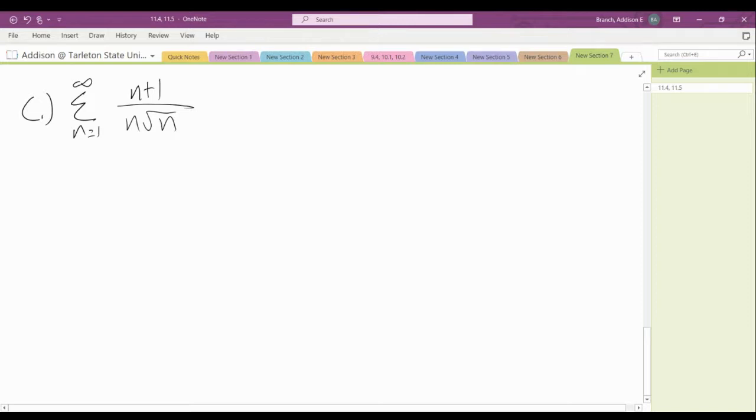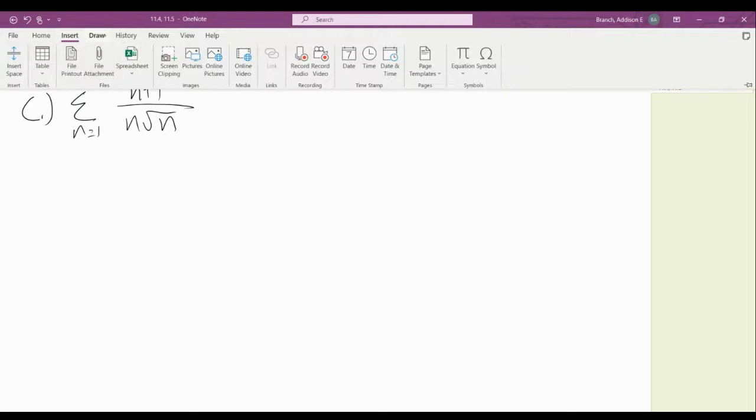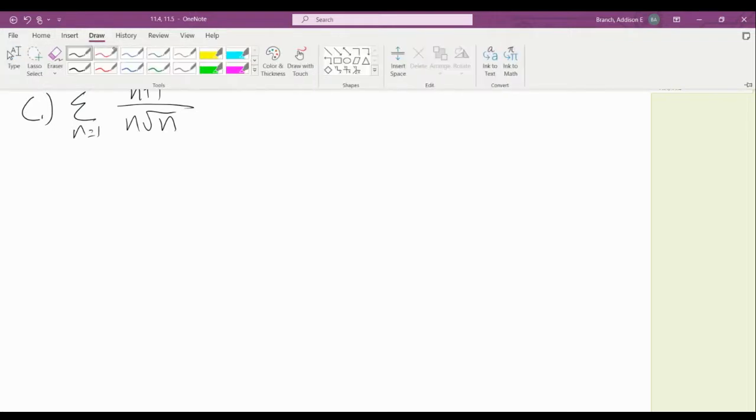Let's see if we can find something to compare it with that's easy to work with. So what we can try to do is get rid of that 1, that n plus 1.